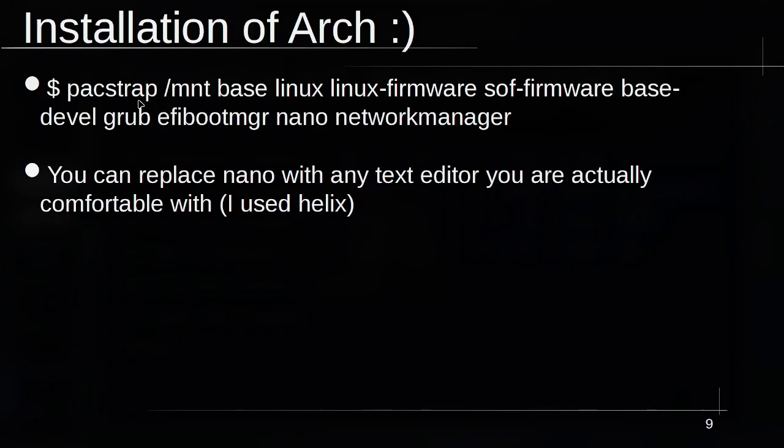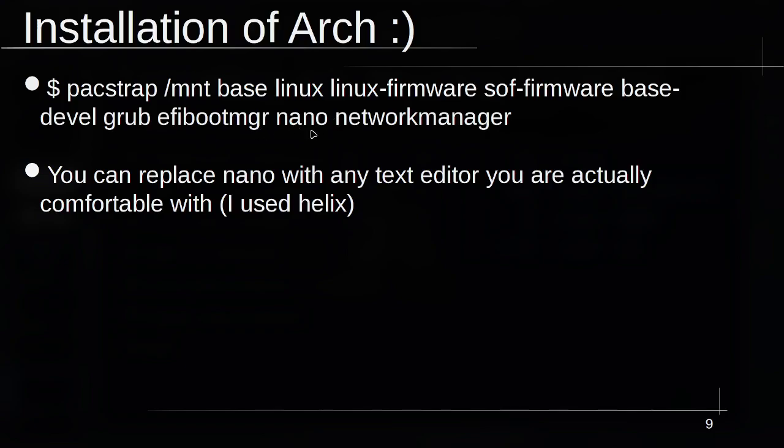So this will get you many firmware packages and stuff. So pacstrap into /mnt. This will install them in /mnt. You want base, linux, linux-firmware, sof-firmware. This is for audio. It's best to have if you have a newer laptop. You want base-devel, grub, efibootmgr, nano.